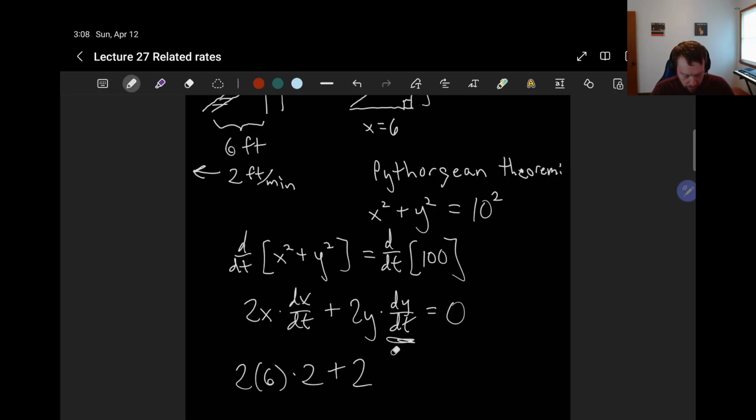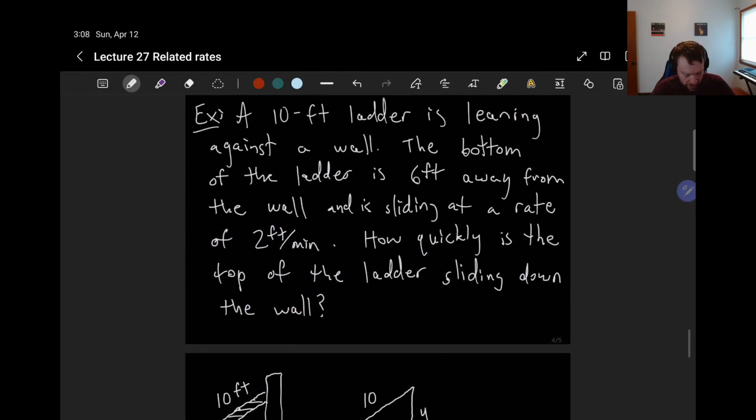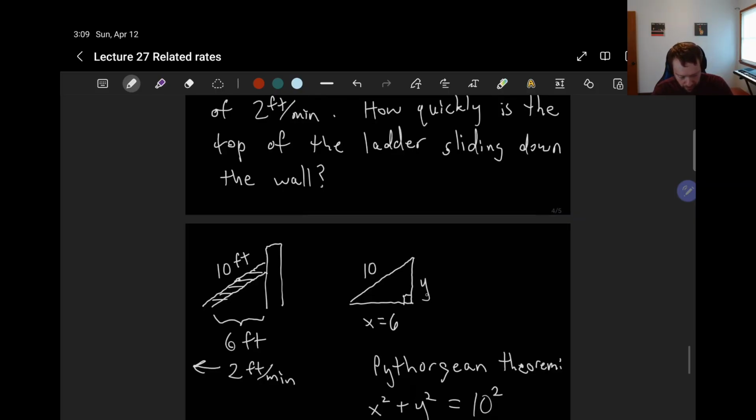Okay, so trying to find dy dt, I need to plug in y. Well, if we look in the problem, we're actually not going to find it. It doesn't tell us how high up the ladder is at this point in time. But the trick here is that we can figure it out based on the other information.